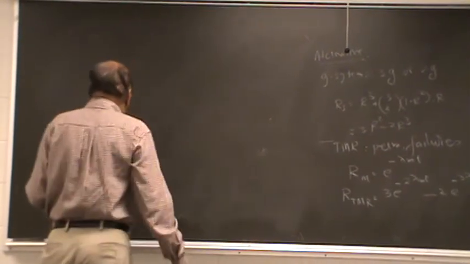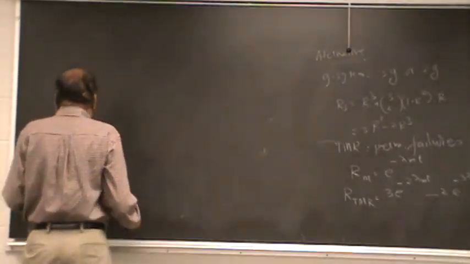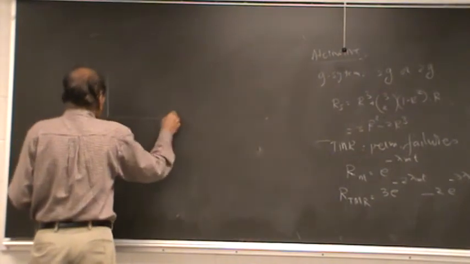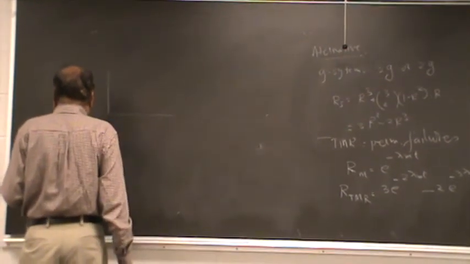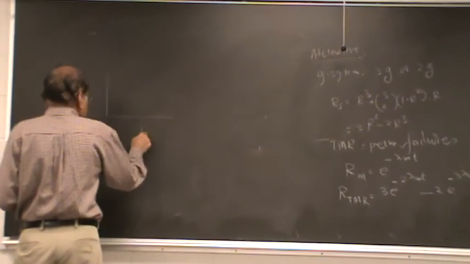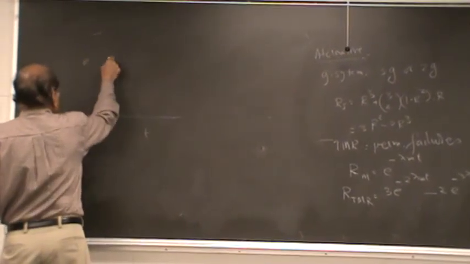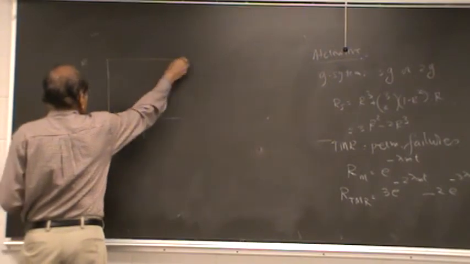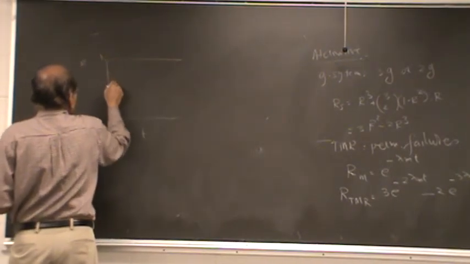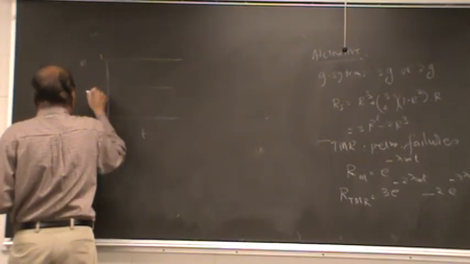Okay, so I was going to mention something. Now this is the sort of plot that we had seen earlier. And here the reliability, here is 1, here is 0.5.